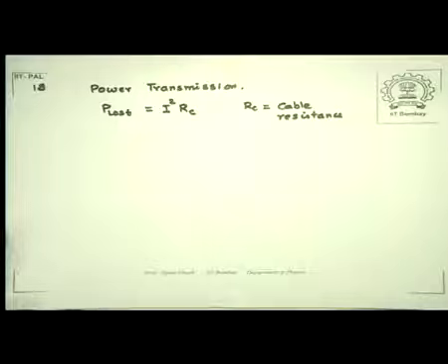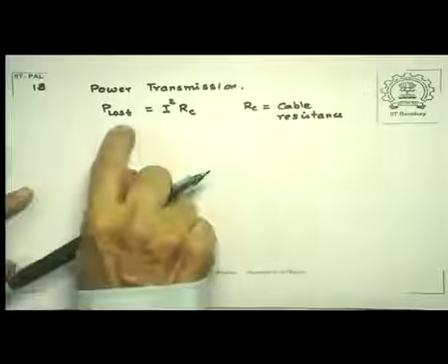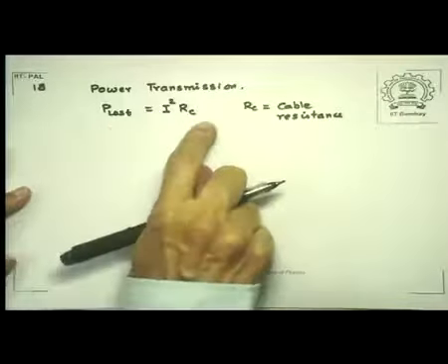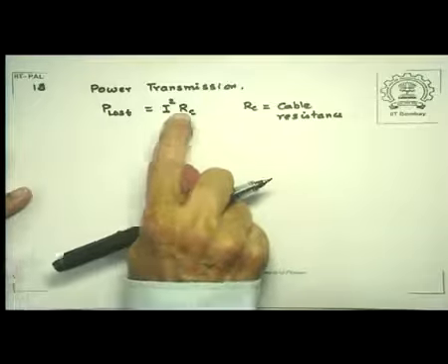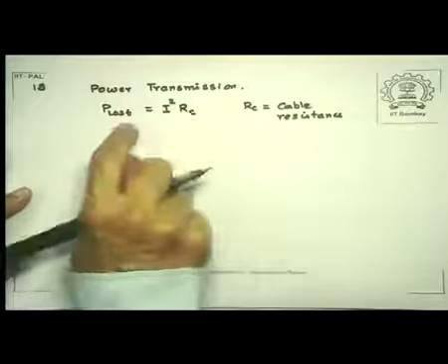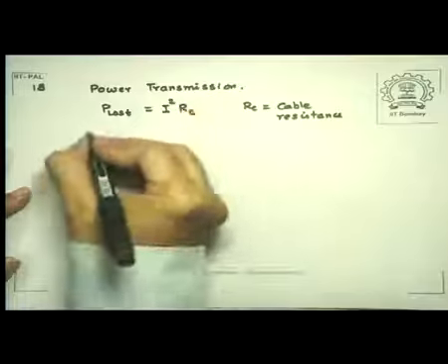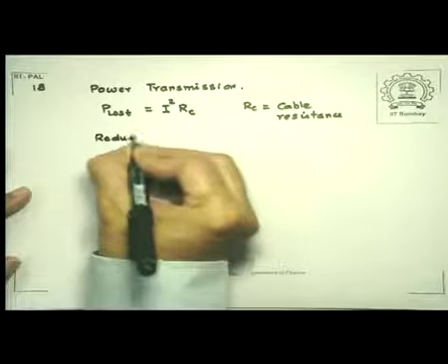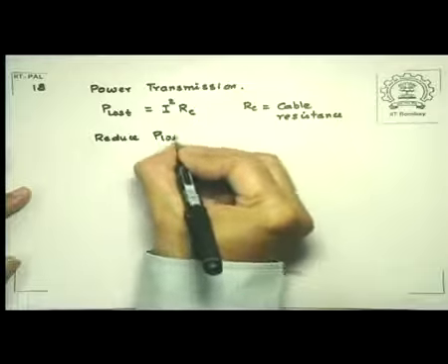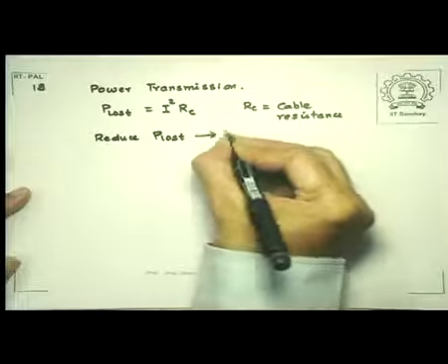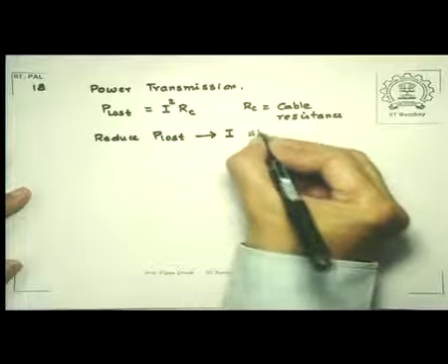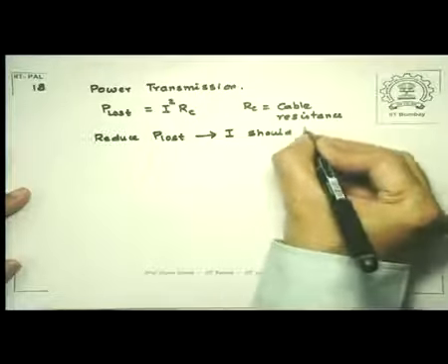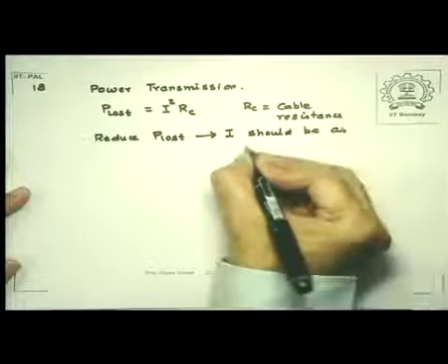Now clearly my interest is to reduce this lost power as much as possible, so to reduce P lost implies that I should be as small as possible.